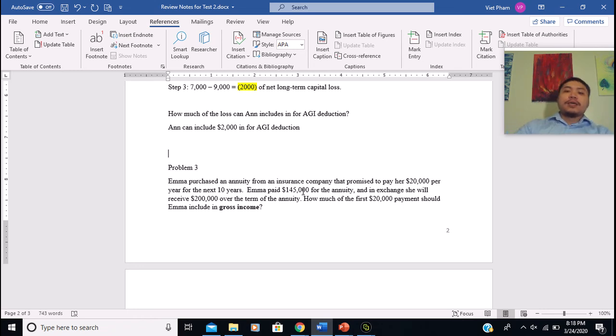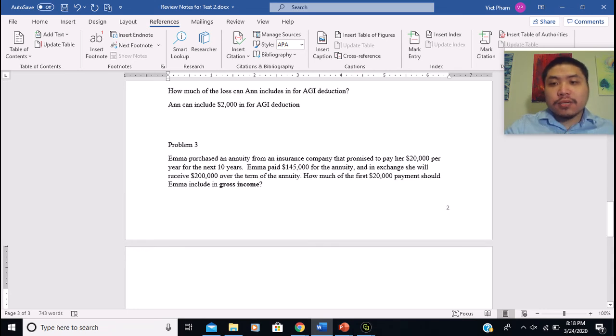So here we have to use the annuity exclusion ratio to calculate the portion of the $20,000 that can be included in the gross income. So first we have to calculate the annuity exclusion ratio, which is pretty much we have $145,000 here.